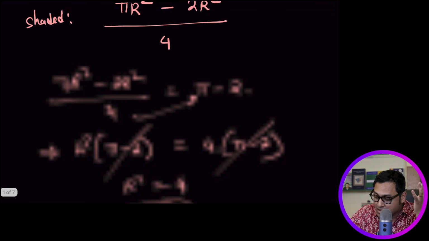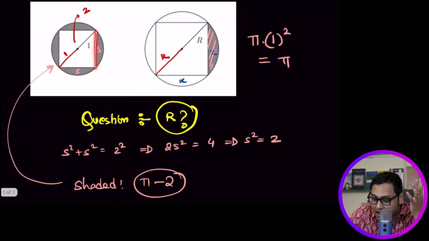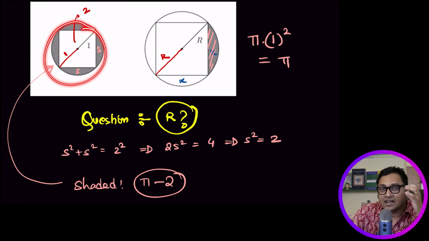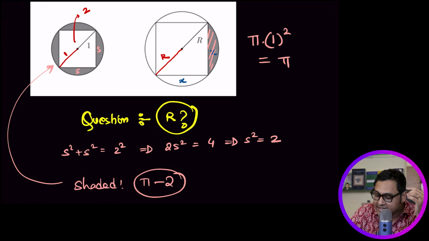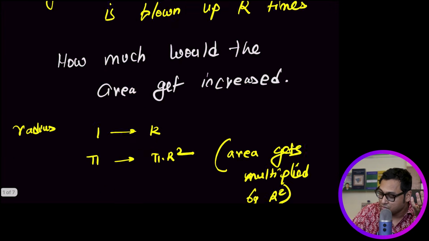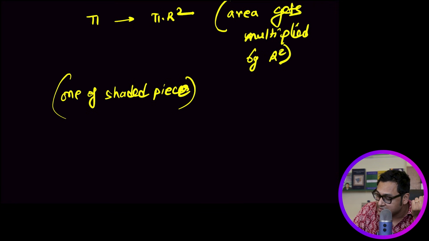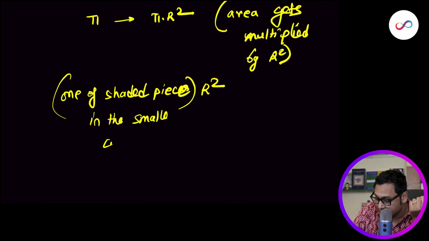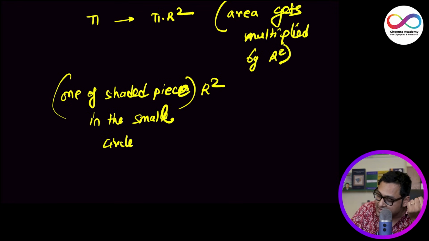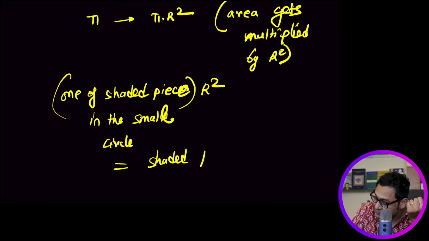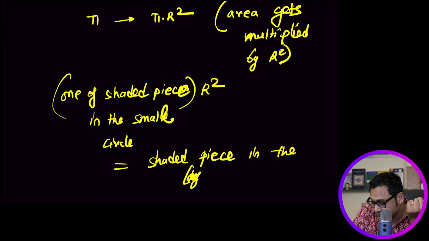So what's happening here? All of these areas are blowing up proportionally. If the entire circle's area get blown up by r square, this piece's area also gets blown up by r square. So one of the shaded piece in the small circle times r square is equal to the shaded piece in the large circle.